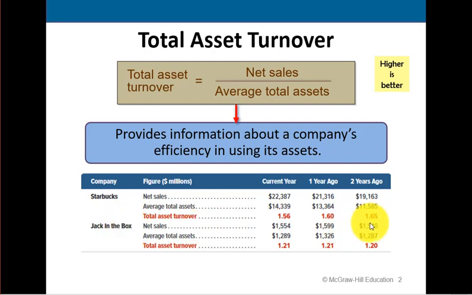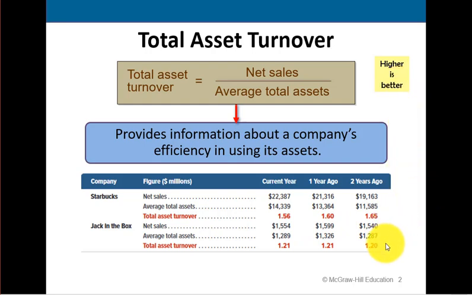So it looks like 2 years ago, 1 year ago, current year, the total asset turnover for Starbucks is going from 1.65, 1.60 to 1.56. So it looks like they are getting a little bit worse because, like I said, higher is better.